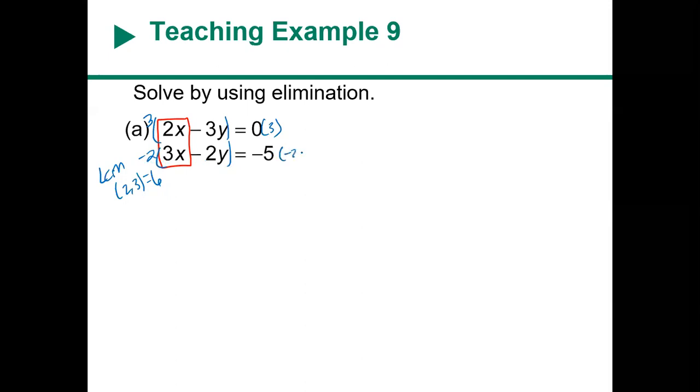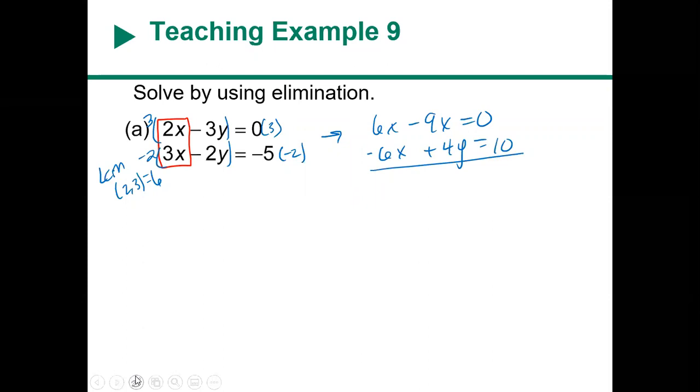And what I do to one side, I'm going to do to the other. So now I'm working with 6x minus 9y equals 0, and negative 6x plus 4y equals 10. So this is my new system, my transformed system.